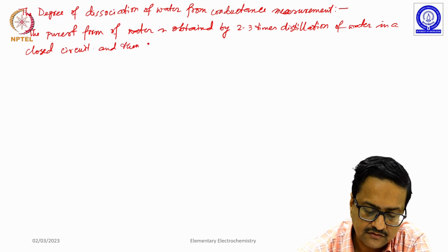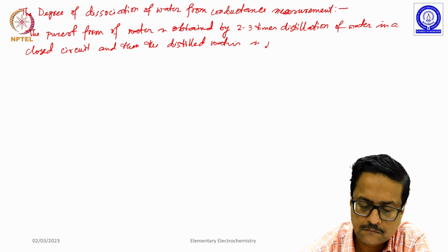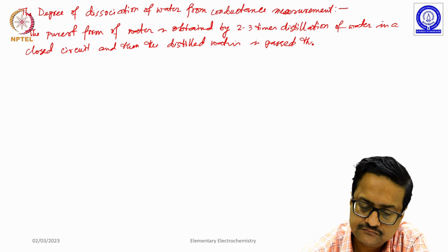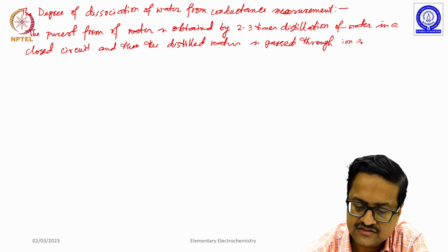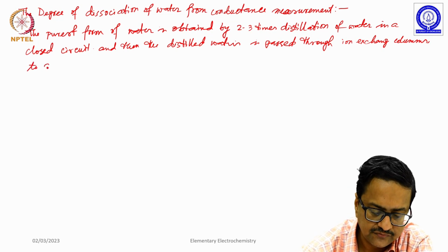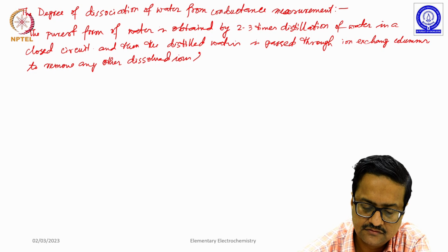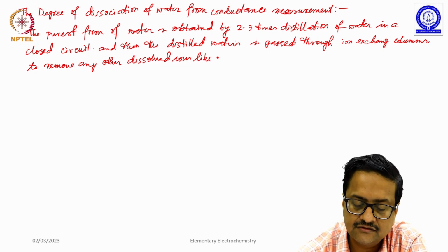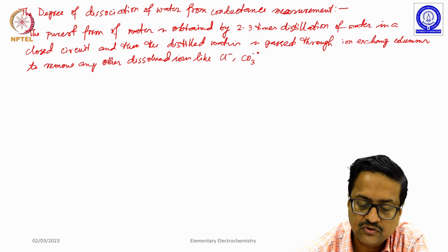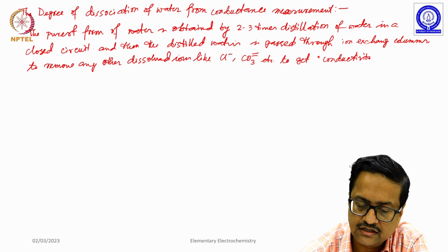and then the distilled water is passed through ion exchange columns to remove any other dissolved ions, like sometimes you may still have dissolved chloride, carbonate, etc., to get something called a conductivity water.